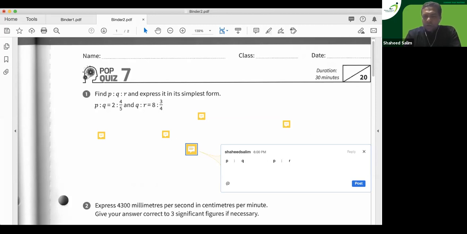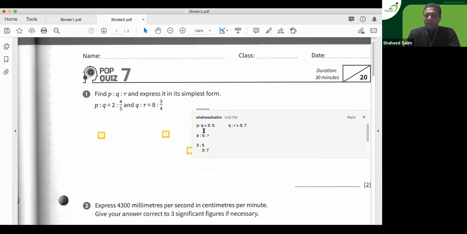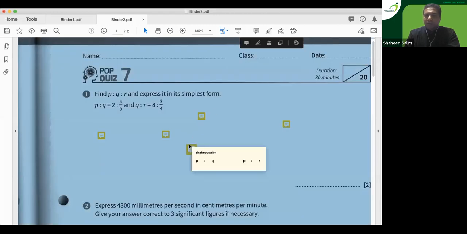Okay. So this is different. Which number must you make the same for this one? Which number? Is it P, Q, or R? P, yeah? Because there are P here, there's P here. Earlier on, there's Q here, Q is the same, so you make the Q the same. But now you have P that's the same.